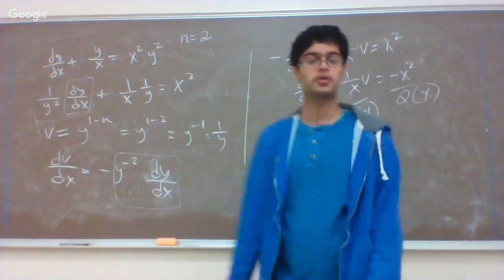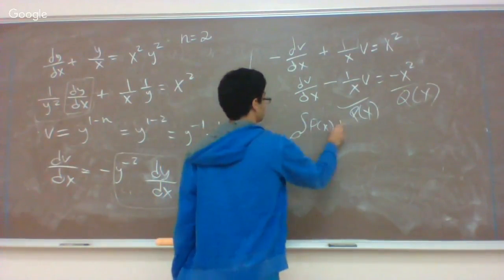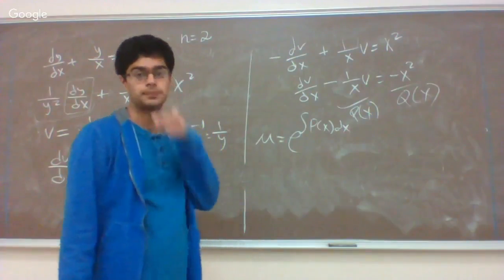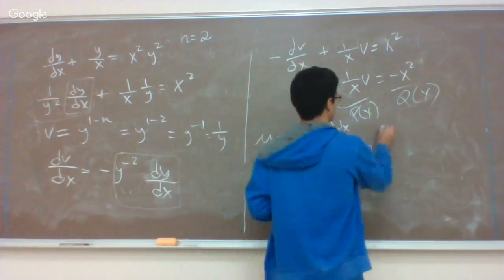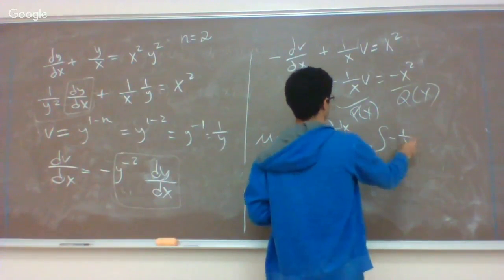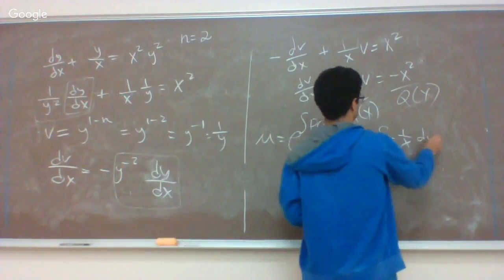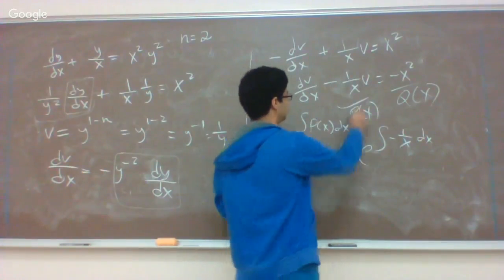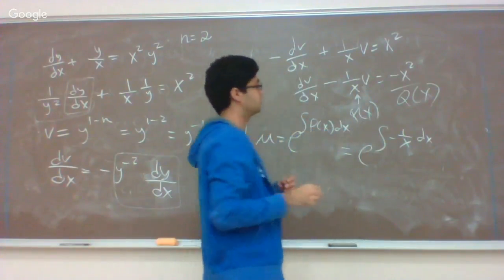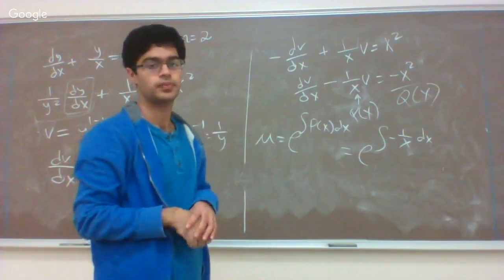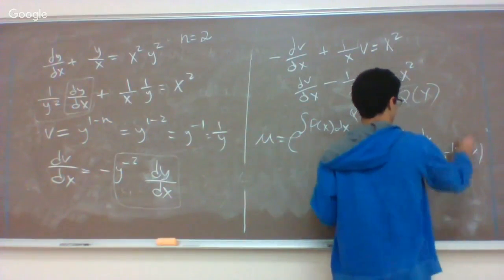So our formula for mu equals the integral of g of x dx. So this is equal to the integral of negative 1 over x dx. That is equal to the negative log x.